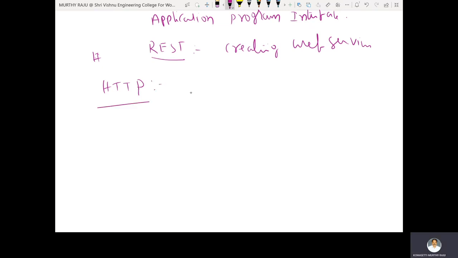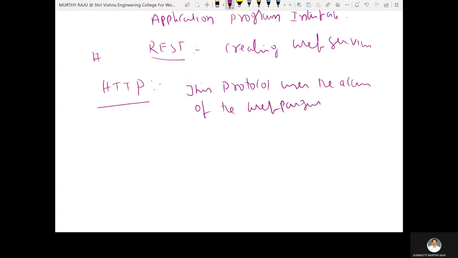This protocol is used to access web pages. I am the client, and the server is the service provider.